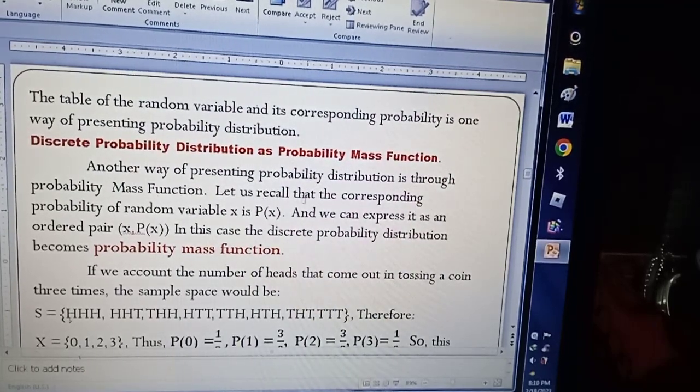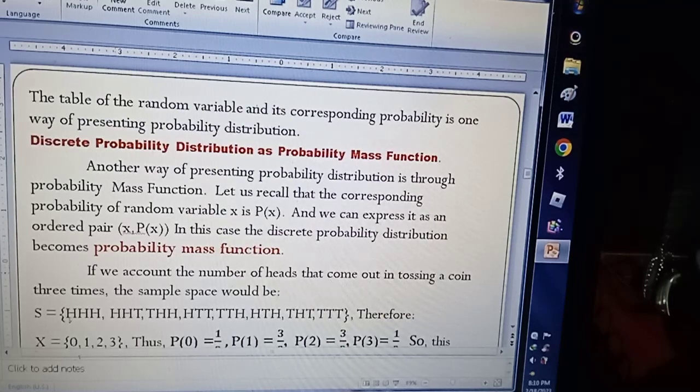Let us recall that the corresponding probability of random variable x is p of x, and we can express it as an ordered pair, that is x, p of x. So the domain is x and p of x is the range. In this case, the discrete probability distribution becomes the probability mass function.